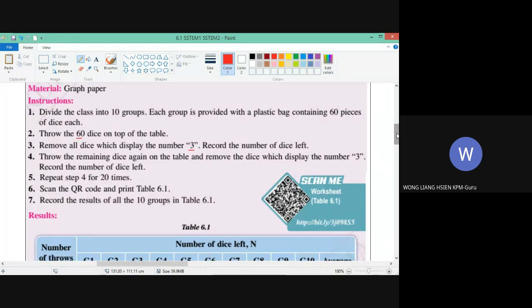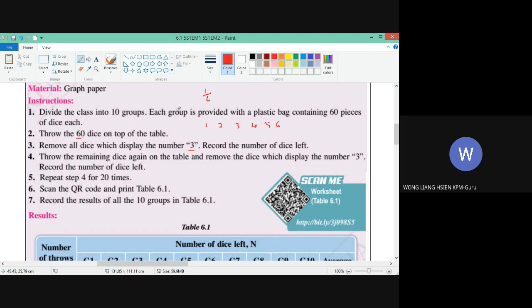Now, this is very logical, right? According to probability, the dice has 6 faces, numbers 1, 2, 3, 4, 5, 6. When you throw the dice, each dice has a 1/6 chance to show each number. So if you throw 60 dice, it will not be exactly 10, but maybe 8, 9, 10, 11, or 12 dice show number 3.